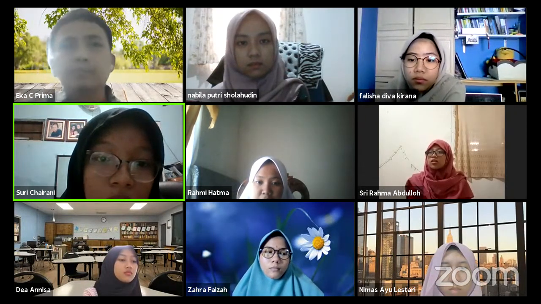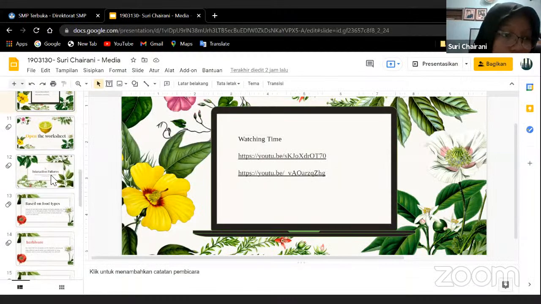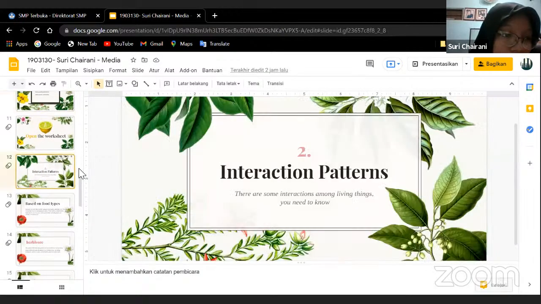And after they get the worksheet, I jump to the interaction patterns.